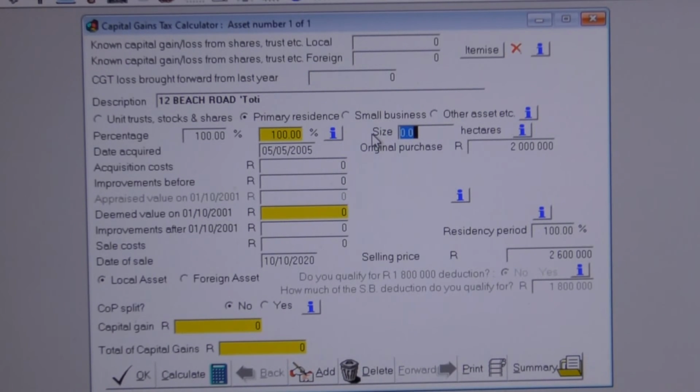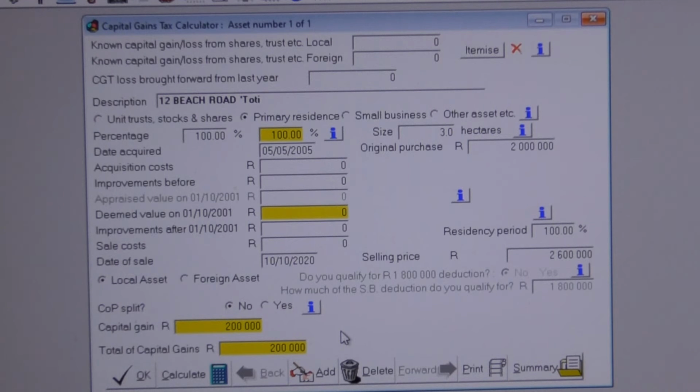I just want to draw your attention to this field here where we can enter the size of the property. I'm going to enter a size of 3 hectares and see what happens to the gain. Suddenly we have a gain of 200,000 rand. Why? Well, the law regarding the 2 million rand exemption on the profit of a primary residence says the 2 million rand primary residence exclusion applies to so much of the property as does not exceed 2 hectares.